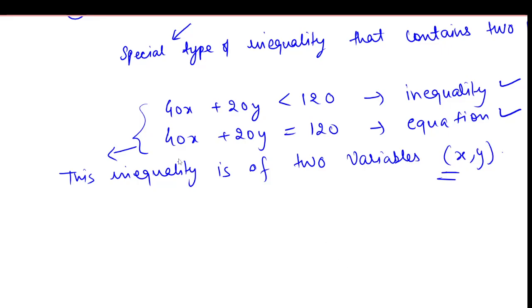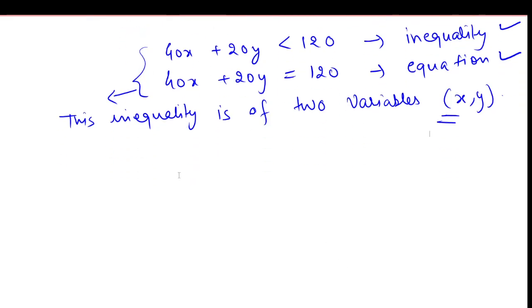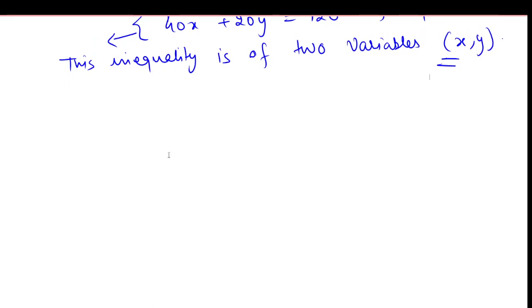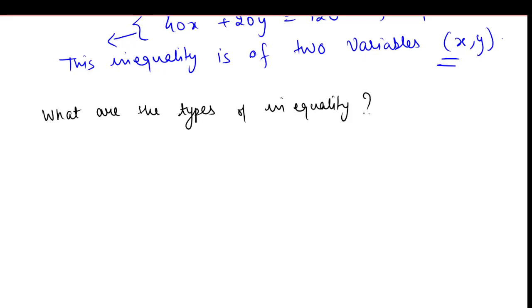So this was about what are inequalities and how to write an inequality. So next is, what are the types of inequality? So first is numeral inequality. Why is it called numeral?